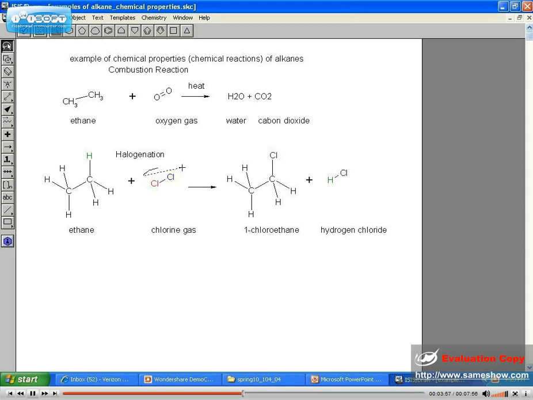And basically what happens is one of the hydrogens is swapped out with one of the chlorines, and they come together forming a brand new, as I highlighted here, hydrogen chloride, and a brand new 1-chloroethane.